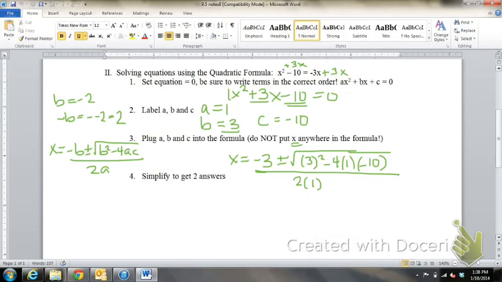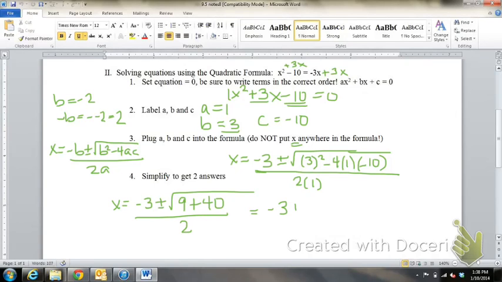So now I'm just going to do a whole lot of order of operations and simplify this. Notice I don't have any letters anywhere in here. It's just all numbers. So, negative 3 plus or minus, you got to simplify under the square root first. 3 squared is 9. Negative 4 times 1 is negative 4 times negative 10 is positive 40 all over 2 times 1 is 2.